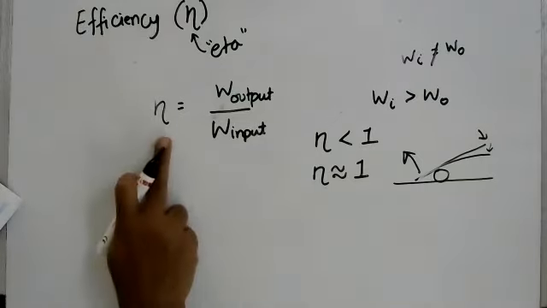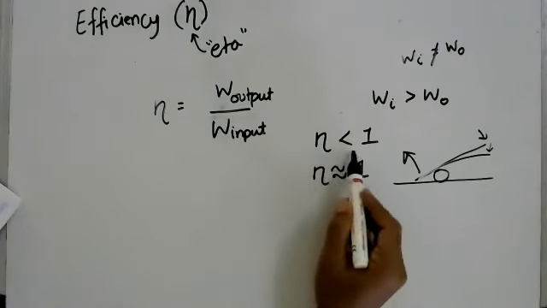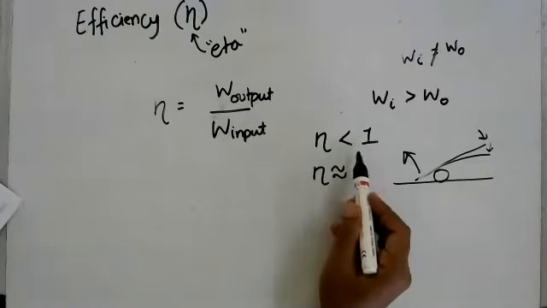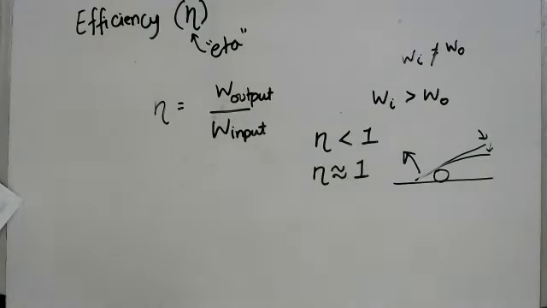Now efficiency in terms of eta is just a number. Okay, so you can get eta less than 1 in most cases, or almost equal to 1. Eta can never be greater than 1. The law of conservation of energy forbids that from happening.